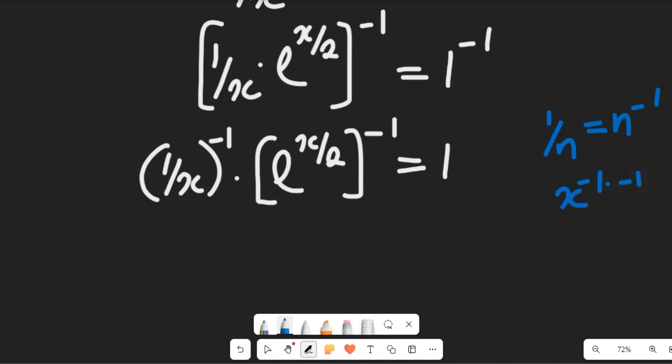Minus times minus will give me 1. So that value will simply give me x. So we'll have x here multiplying, and that will multiply the external factor. The external index will multiply this, and that will give me the exponent of negative x divided by 2, and this will be equal to 1.